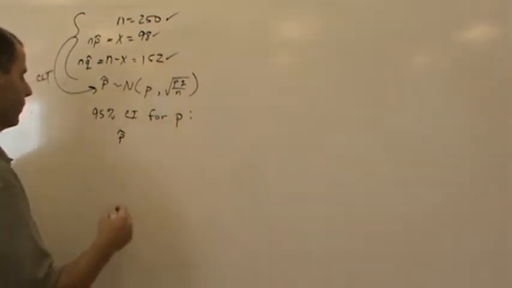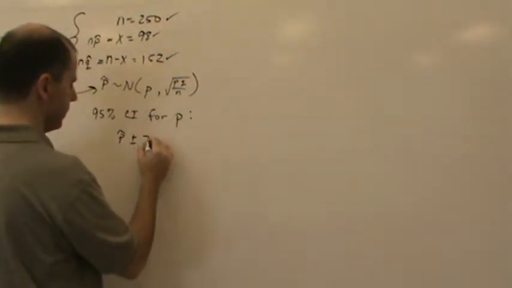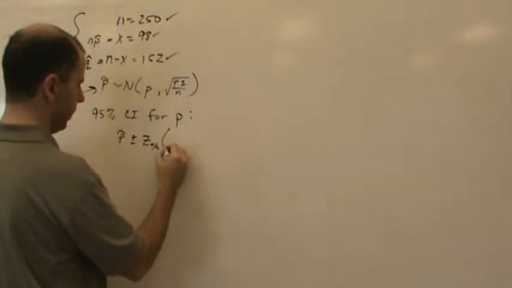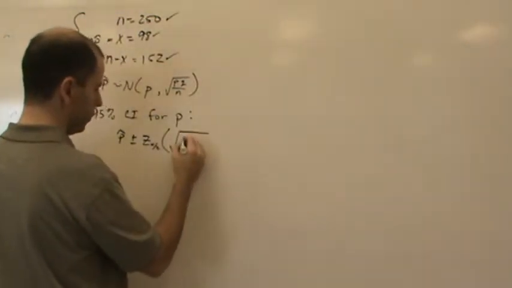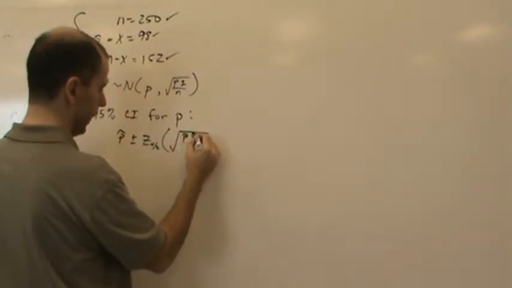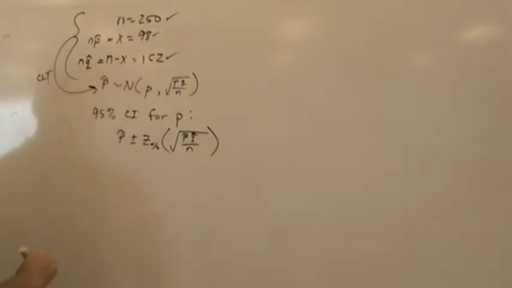So I'm going to use p hat plus or minus z alpha divided by 2 times the square root of p hat times q hat divided by n. First thing I need is p hat.